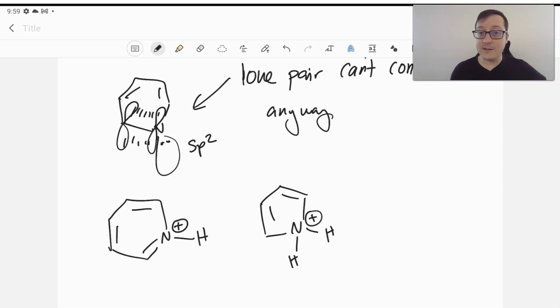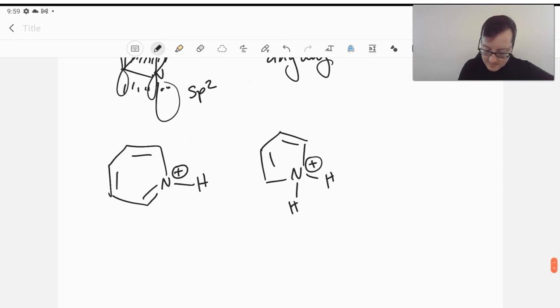Are these two ions aromatic or not? Well, if you look at the case of pyridinium, the positive pyridine, on the left, we see that it's still got 6 pi electrons in a continuous overlapping series of p orbitals in a ring that's planar. And there's still 6 pi electrons. So, still aromatic.